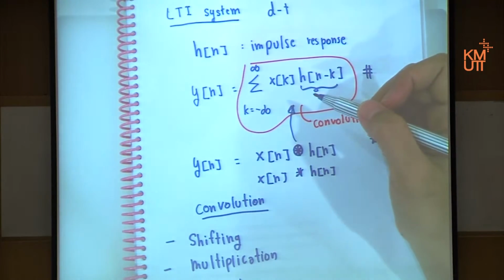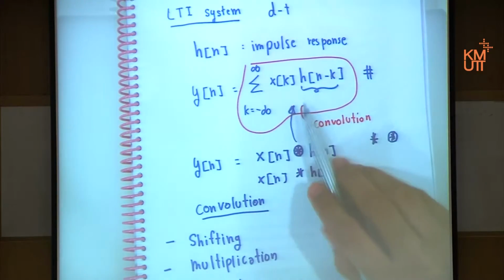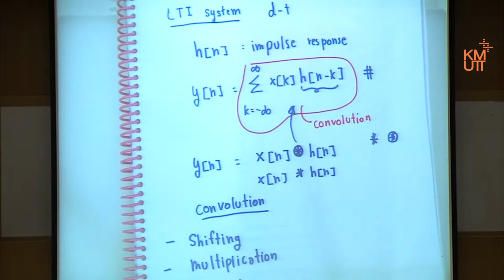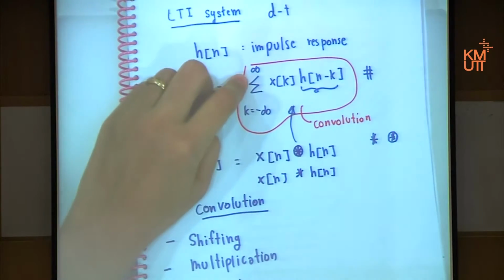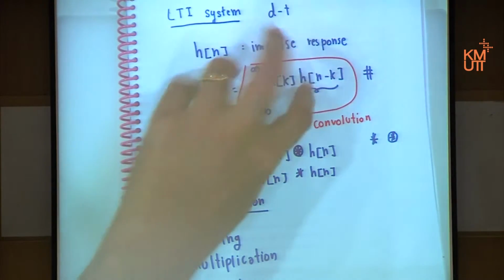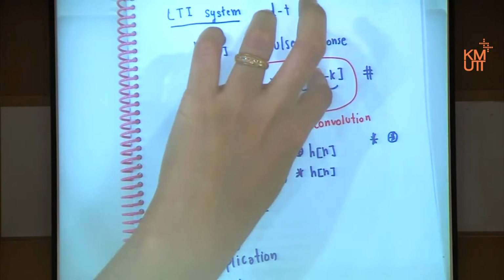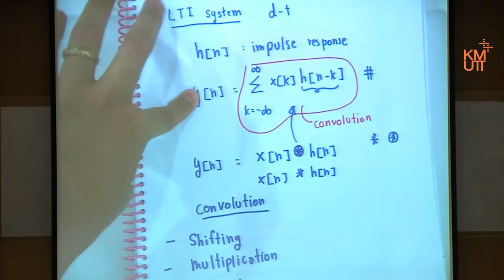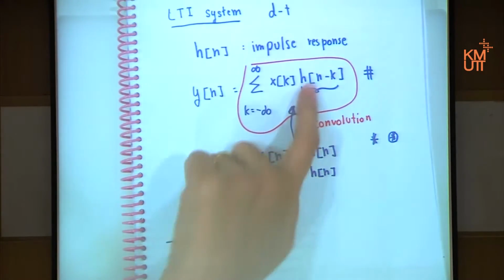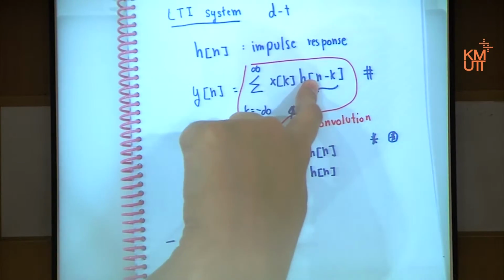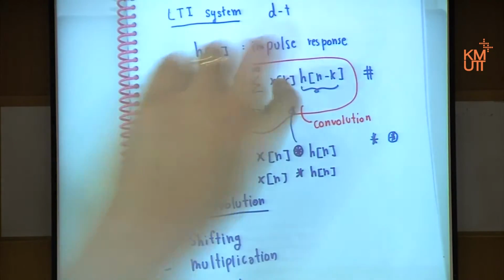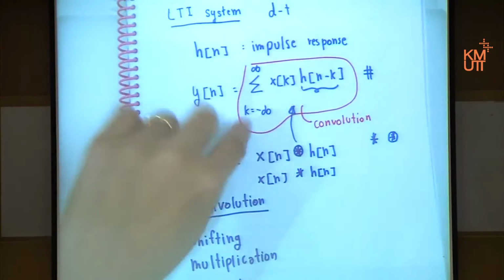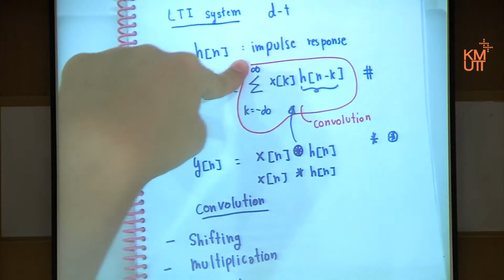If you look at the red equation here, k must change value from minus infinity to infinity, while n is the fixed value. Suppose you want to find y[0]. It means that you need to fix the value of n equal to 0, and the value of k changes from minus infinity to infinity.